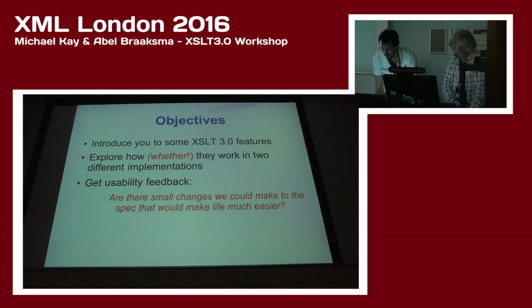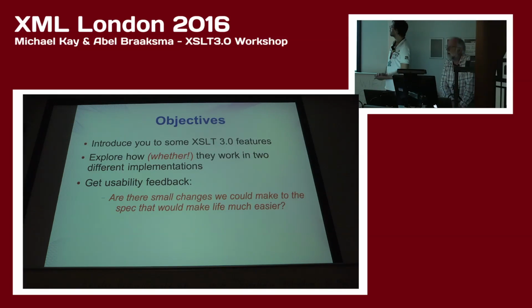So that's the aim this morning. The objectives are to introduce you to some of the XSLT3 features you may not be familiar with, and in particular the packaging features, but we may stray into other parts of the spec as we go along. To explore how those features work in two different implementations, Saxon and XSLT, and to get usability feedback.